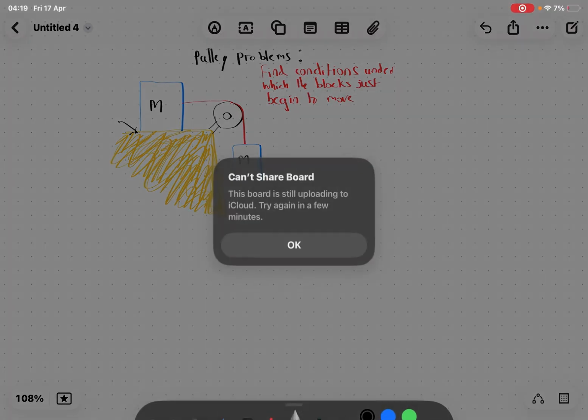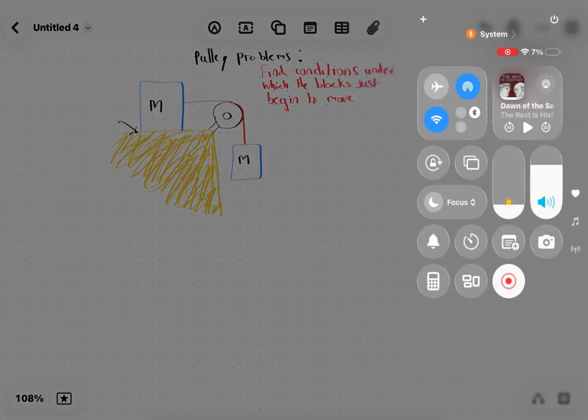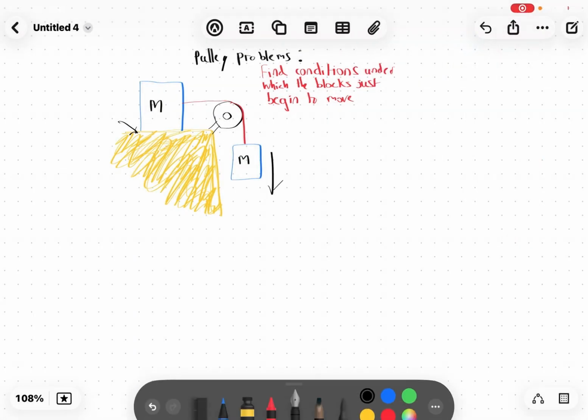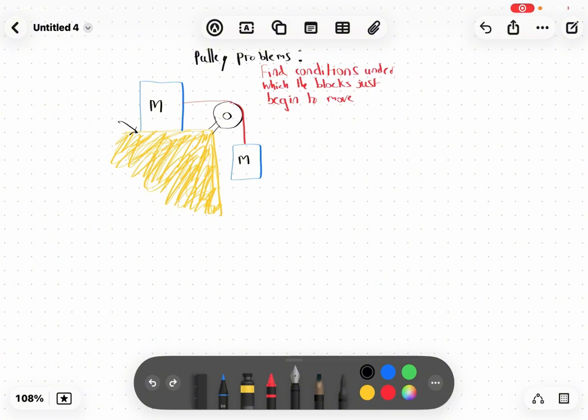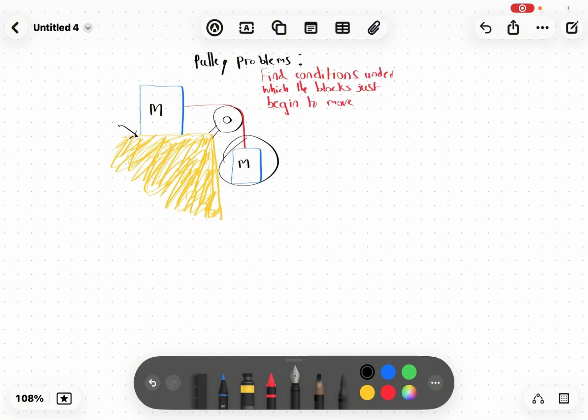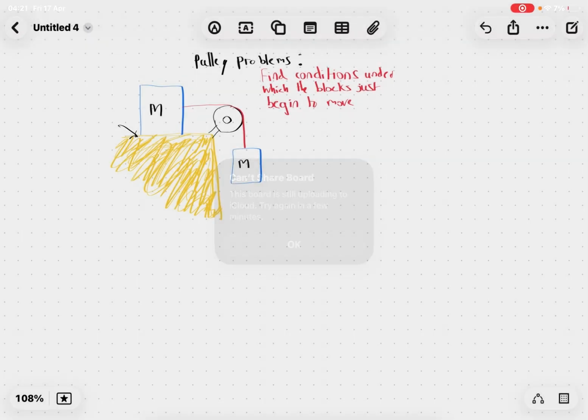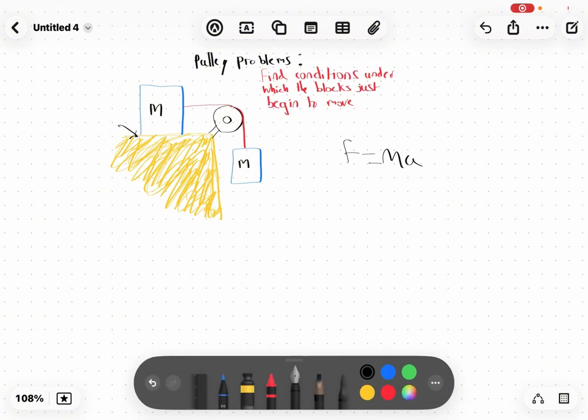However quickly this one goes down, this one will go right at the same speed. So the accelerations will be the same value, and because of that we're able to use the equation of motion, Newton's law where F equals ma.